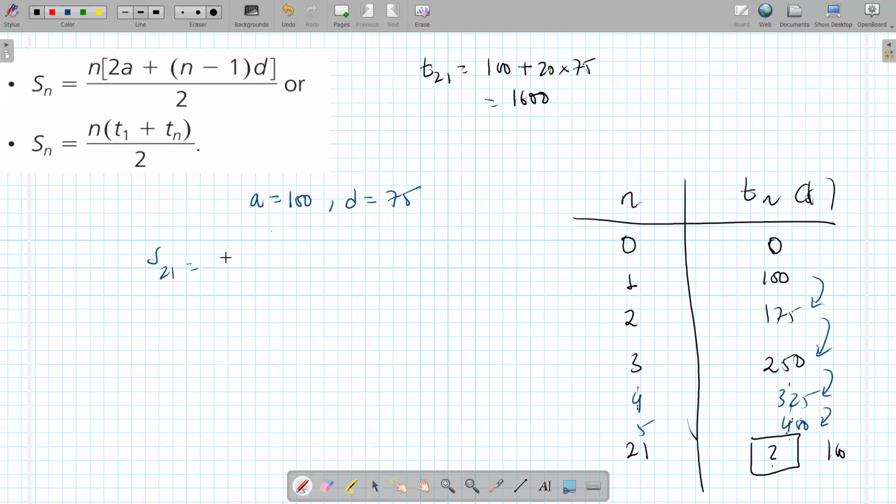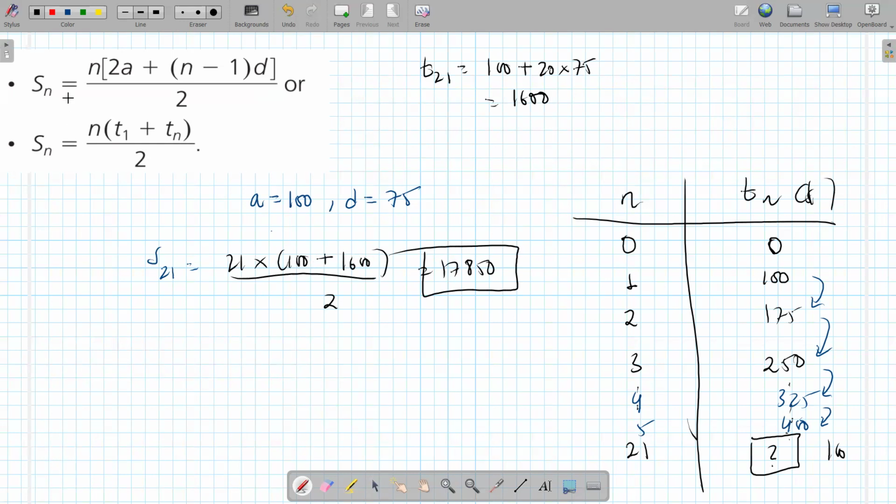So S21 would be 21 times T1 is 100, Tn is 1600, divided by 2. So it's 21 times 100 plus 1600 divided by 2. That's 17,850. So that's the total amount you would have accumulated.